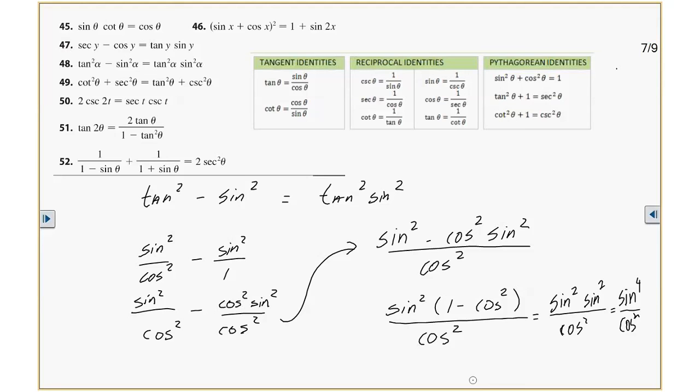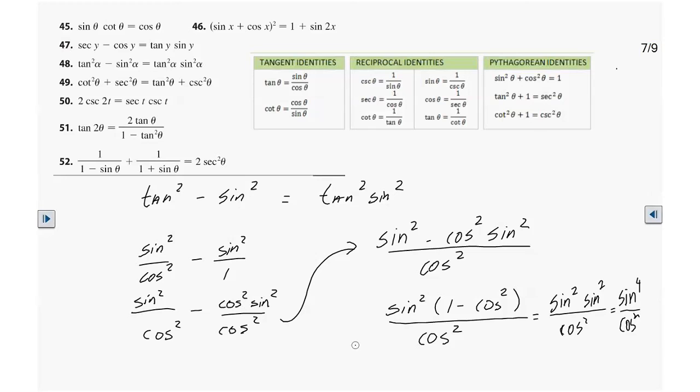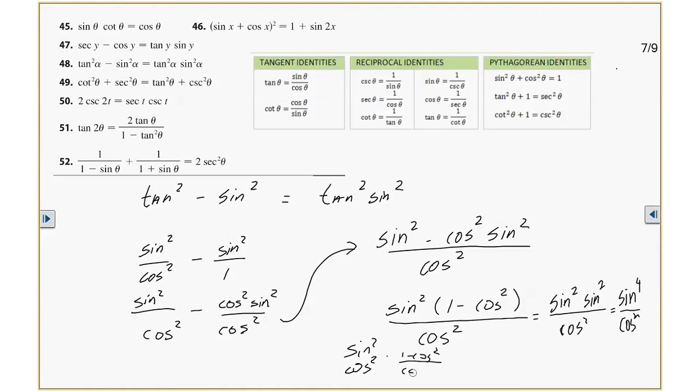I'm looking to make sure I didn't copy anything down wrong: tangent squared minus sine squared is equal to tangent squared sine squared. Also, don't confuse the sine squared times sine squared with cosine squared times tangent squared times sine squared. If you do, you can do it all day, but it's not going to give you this. Sine squared over cosine squared times 1 minus cosine squared over cosine squared.